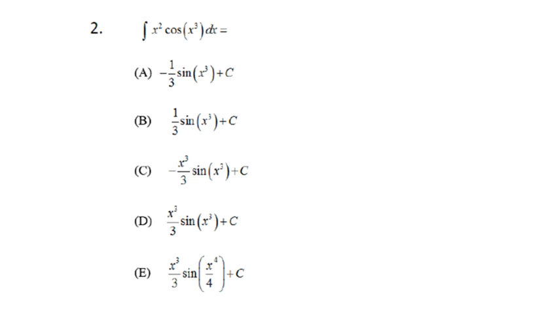Next, let's look at problem 2, and for that we have an integration, and we have an x squared times cosine quantity x cubed dx. What we want to do is cross out that x squared, eliminate it to make it easier.